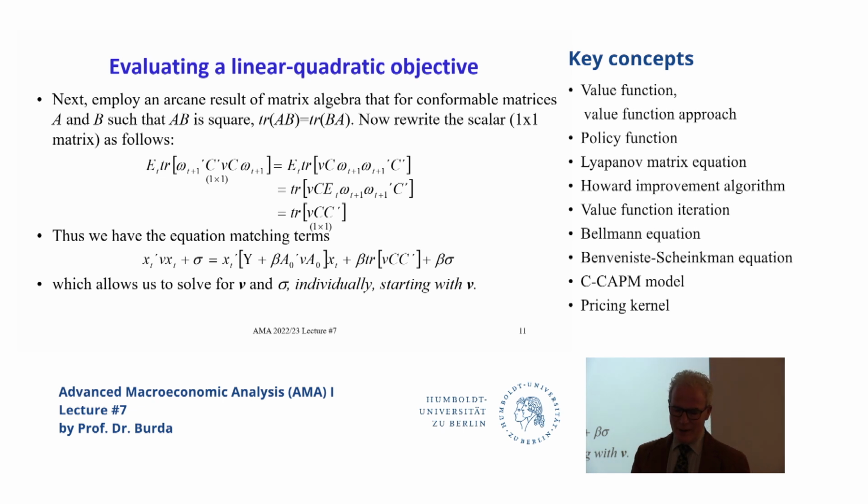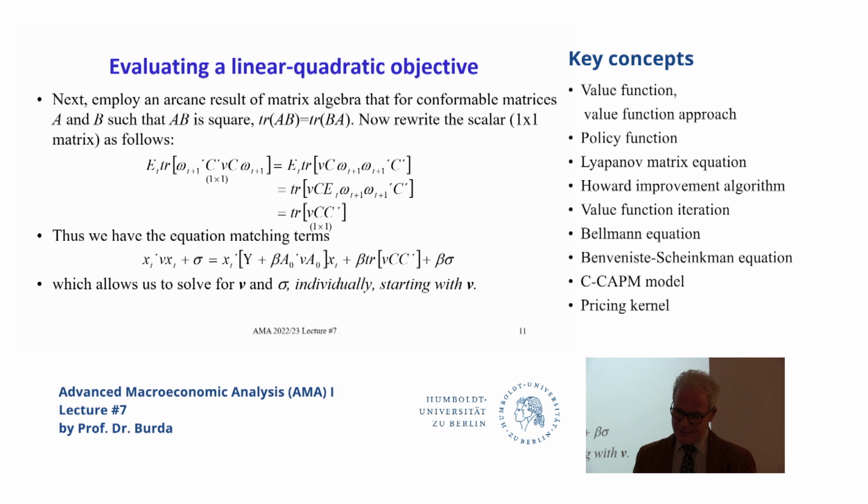Okay, so we can rewrite the left-hand side just by applying this matrix result. When we do that, we basically have the expectation, which we can pass through a bunch of constants, because C is a matrix of constants, and V is a matrix of constants.